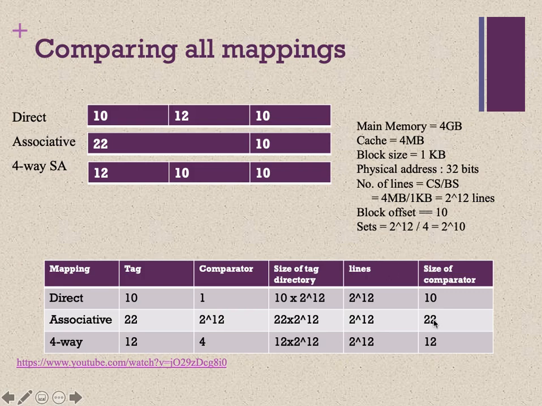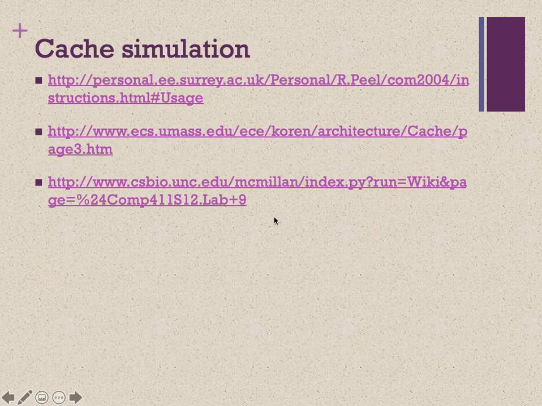So associative is 22, direct is 10, but four-way associative is 12. So this demonstrates set associative memory is the most efficient technique, and this technique is used in recent architectures.